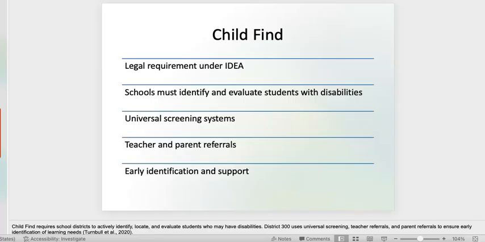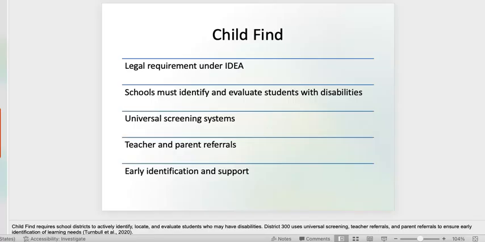District 300 implements Child Find through several methods, including universal academic screening, teacher referrals, parent referrals, and behavioral monitoring systems. These processes help ensure that students who may be experiencing learning or developmental challenges are identified early.